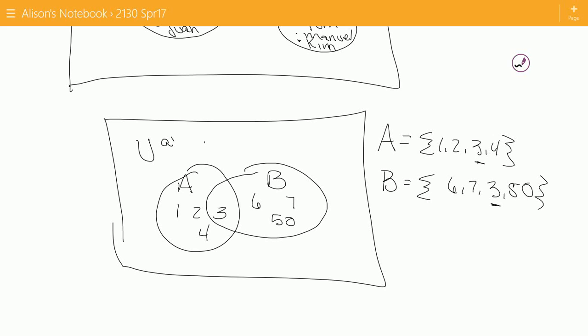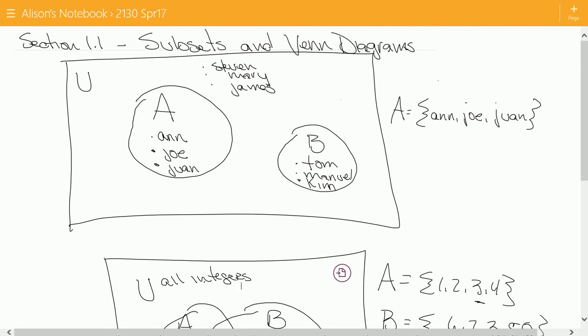And if this is all integers, there are obviously a lot of other numbers in the universe that are not part of either set A or set B. And by looking at my Venn diagram, I can quickly and easily tell that 3 is a common element between sets A and B. If I look back to my original set, I can tell automatically that there are no common elements between A and B.